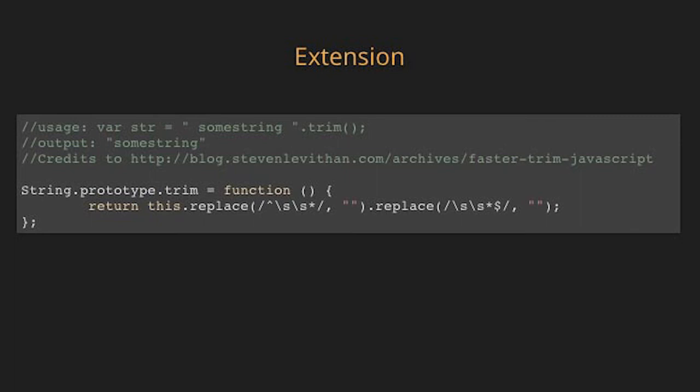So trim never existed in JavaScript by default. There are newer versions, they're getting there with it, but it's not there. This is all you would have to do to add trim. I just did a regular expression that replaces this. I got that from this guy's site. He clocked different versions, did speed tests and the different things.